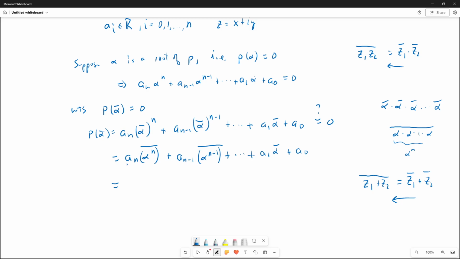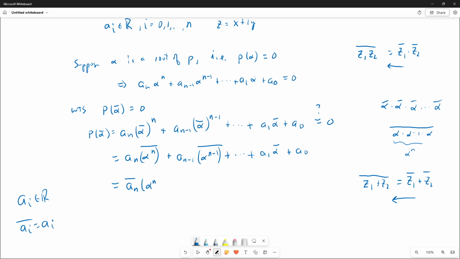So notice here also that the coefficients are real numbers. So since the coefficients are real numbers, that means that each coefficient is equal to its conjugate. The conjugate of a real number is itself. So in other words, this a sub n can be written as a sub n bar.